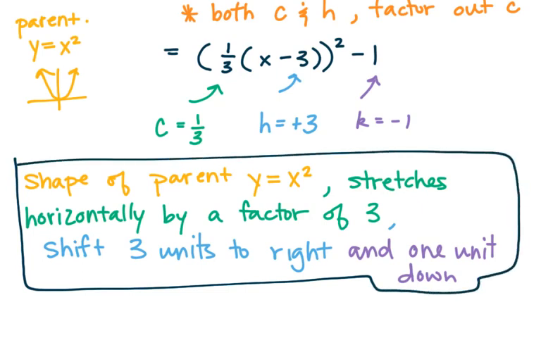We know the shape because we are multiplying on the inside. It's a horizontal shrink or stretch. It behaves the opposite. So 1/3 we'd think smaller. It actually stretches by the reciprocal amount of 3. Looks like it should shift left 3 units, but it actually shifts 3 units to the right.